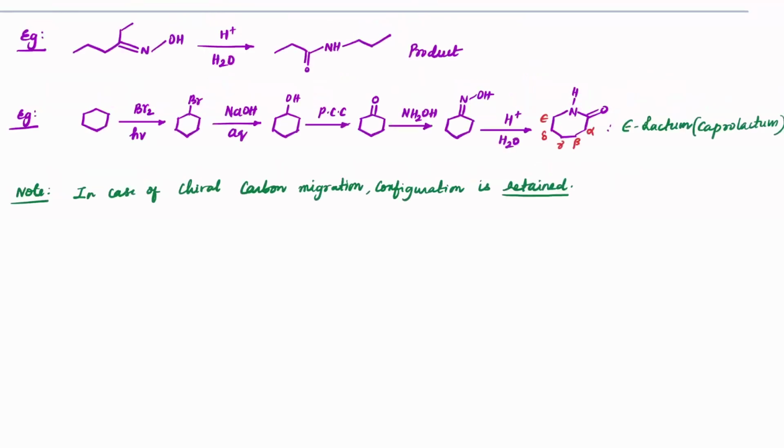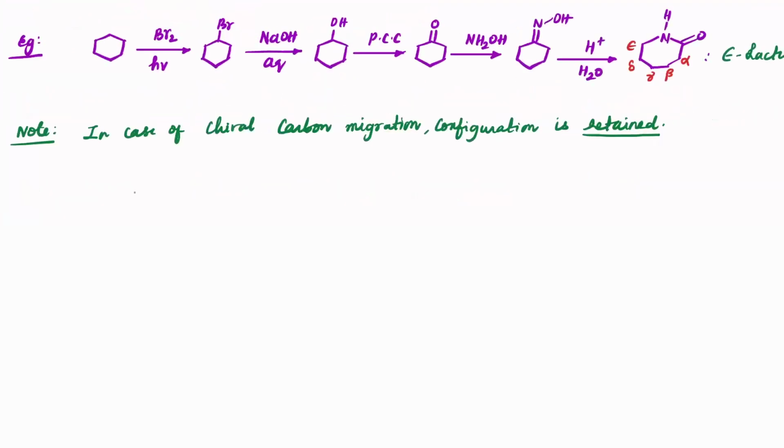Well, what does that mean? Suppose if you have double bond N OH here, and this particular carbon is chiral like this. This is a chiral carbon. Let's say this is plus, and that you are adding with H plus and H2O.